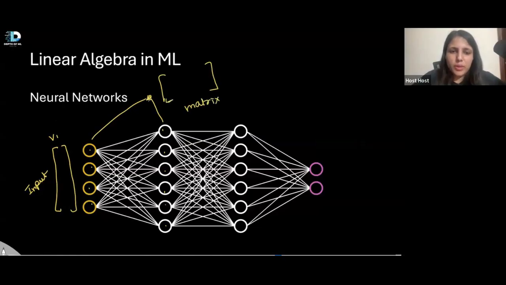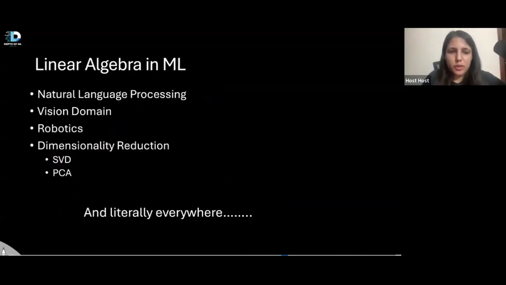So when you actually move forward in the neural network, all you are doing is a matrix multiplication with a vector. So again, linear algebra is heavily used in neural networks. And there are many more places where linear algebra is used.